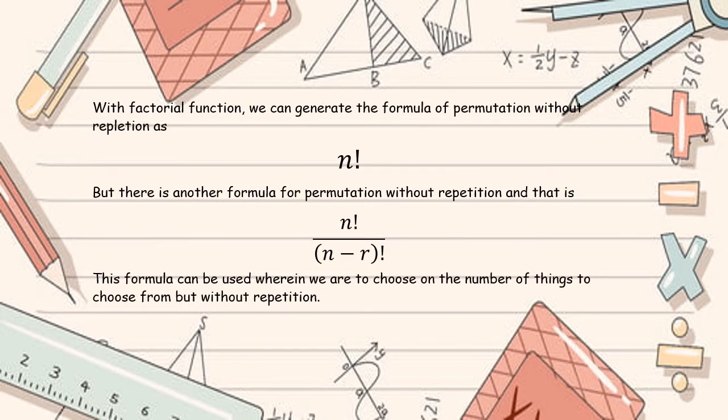With factorial function, we can generate the formula of permutation without repetition as n factorial, where n is the number of choices to choose from. But there is another formula for permutation without repetition, and that is n factorial over the quantity of n minus r factorial. This formula can be used when we are to choose only some of the things to choose from but without repetition.